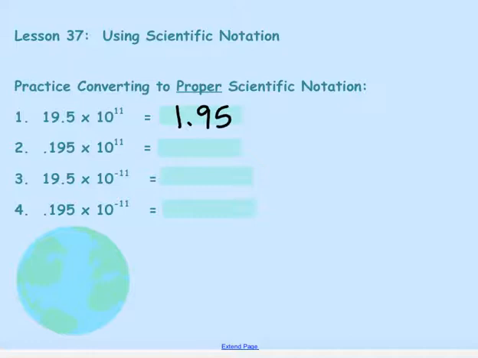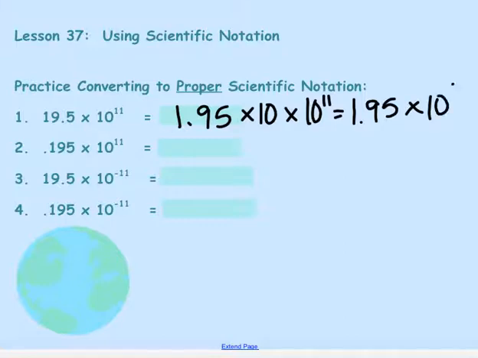Logically, 19.5 is the same thing as 1.95 times 10. We're basically pulling out a 10 from that 19.5. And we have our original times 10 to the 11th. When we simplify, we have 1.95 times 10 to the 12th.